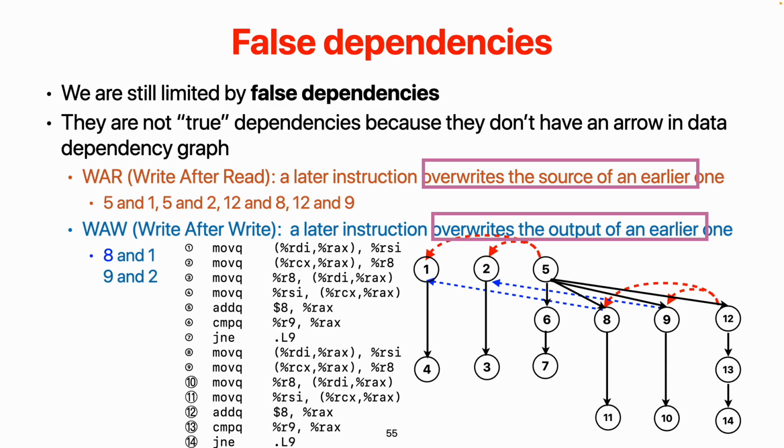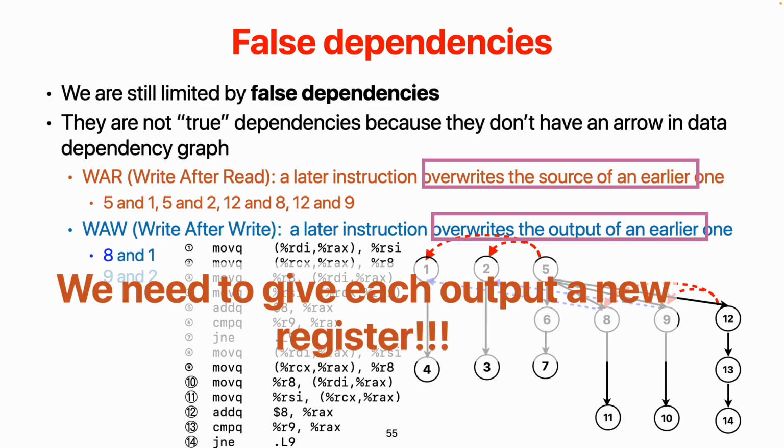So here's the solution. What if we can give each new output its own location? For example, for the later instruction, we can redirect its output to somewhere else than RAX, or in general, away from the input or output of an earlier instruction.